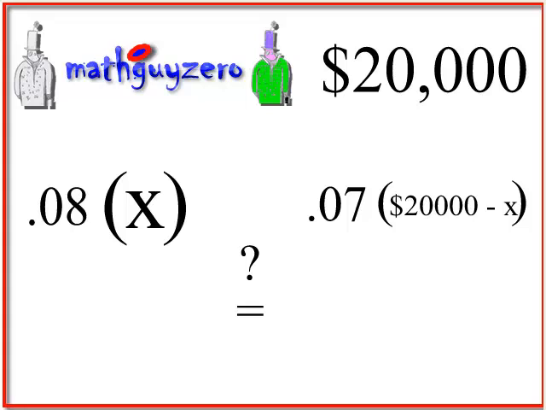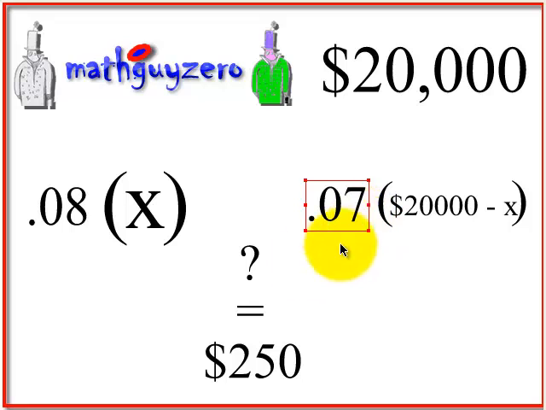There's one other part to this puzzle, that there's a $250 difference in the amounts made from the interest rate. The 0.08 account earned $250 more than this one. So, for example, if he earned $1,000 from the 8% account, then he would have made $750 from the 7%.